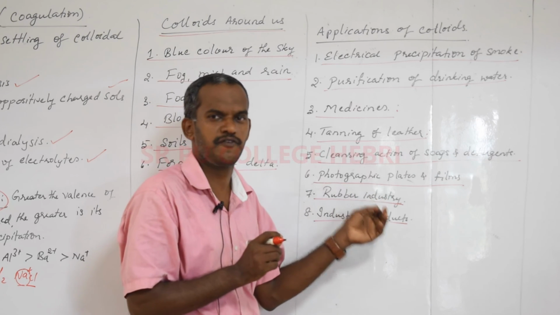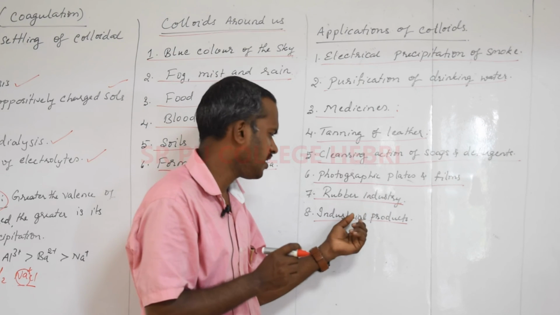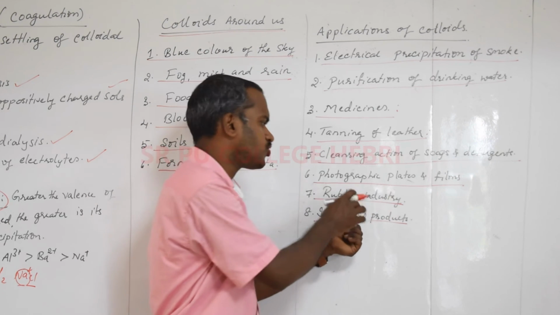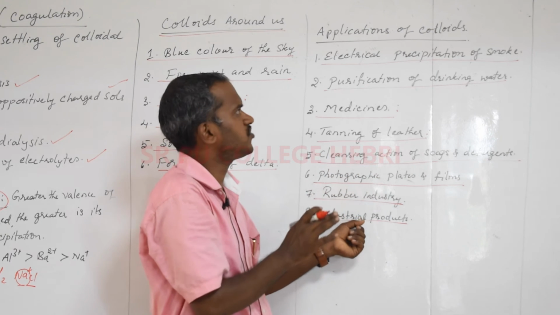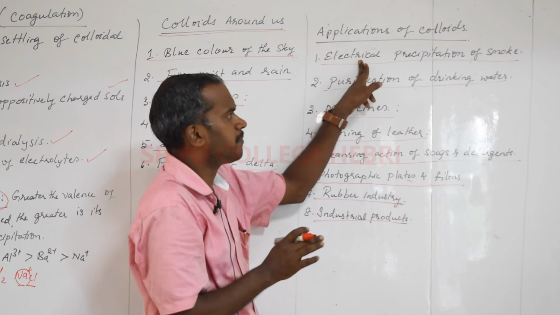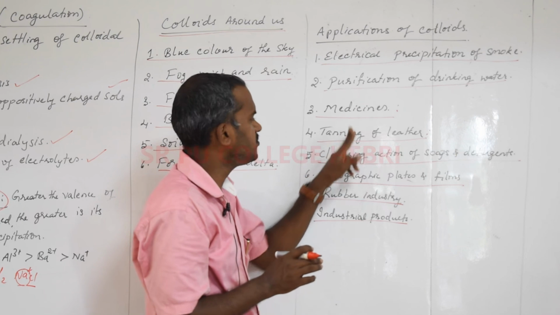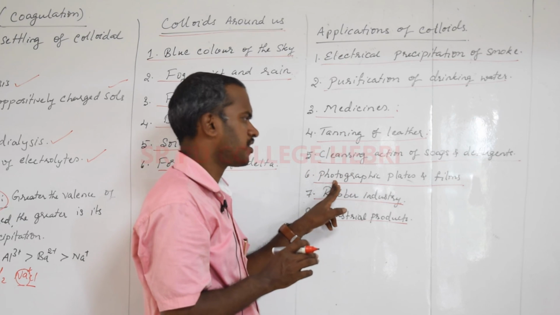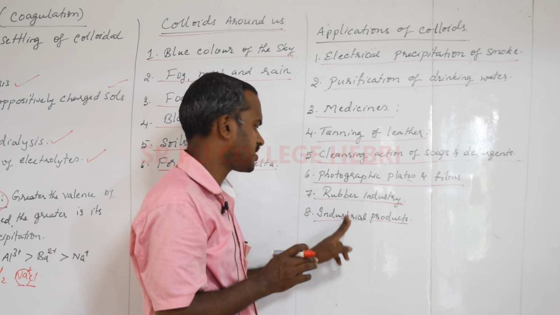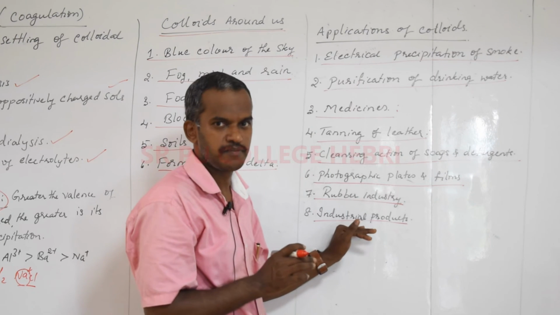When you talk about different types of emulsions, a paint or ink, all these are industrial products. They are also colloids in nature. So these are some of the simple applications of colloids. Just to remind you again: electrical precipitation of smoke, purification of drinking water, different medicines, tanning of leather, cleansing action of soaps and detergents, photographic plates and films, rubber industry, and industrial products. So with that, applications of colloids completes.